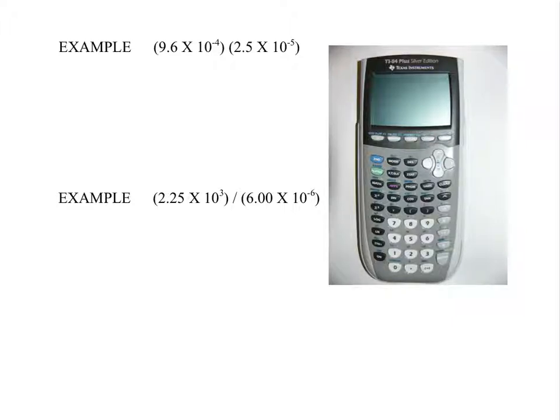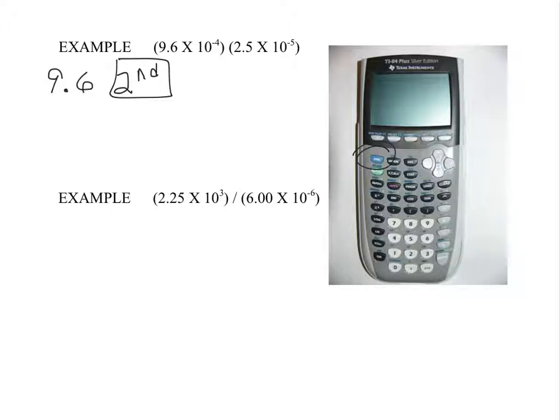If you're going to plug this into your calculator, you've got 9.6 times 10 to the negative 4th. So in my calculator, this would be so much easier to see in class, but here we go. 9.6 is what you would punch in. Then you hit the second function key, which is this little blue key right here.